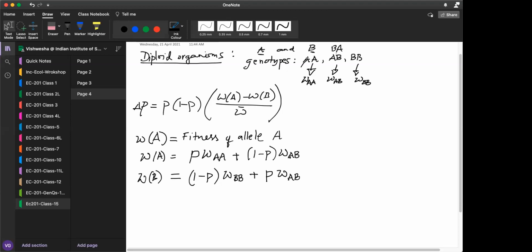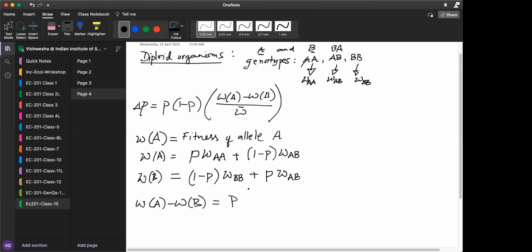Okay. So with this, can we now write down how this will look? How will the numerator look now? Omega A minus omega B will be now. Let's pull together maybe P terms. So there are 2 P terms, this and this, and they will come with opposite signs.